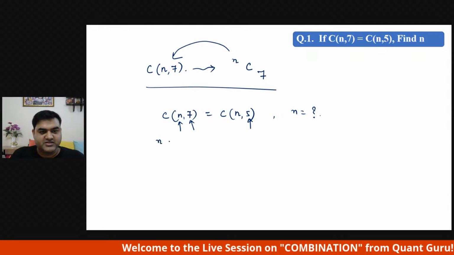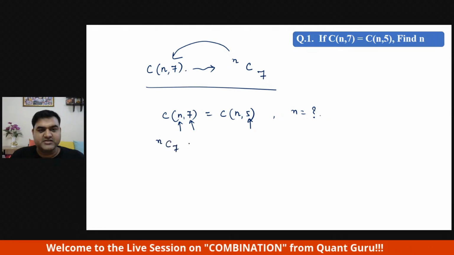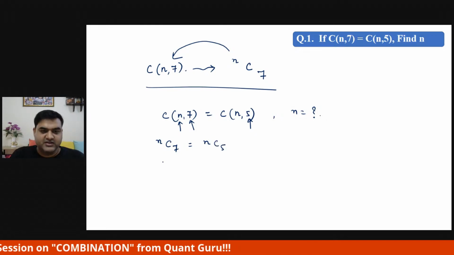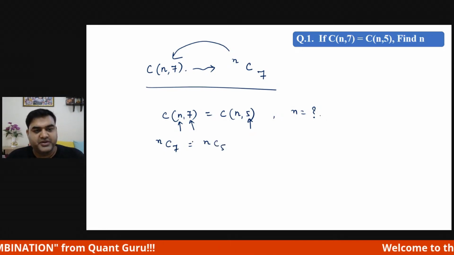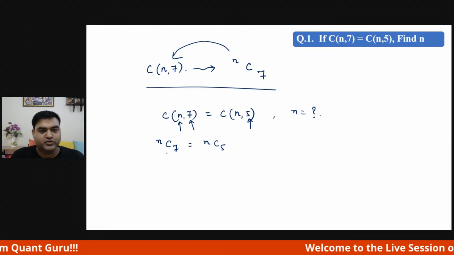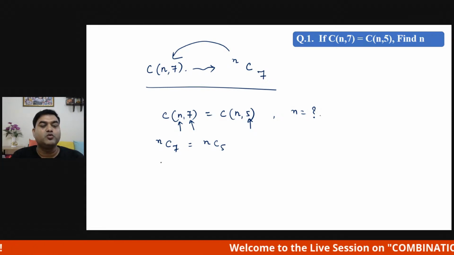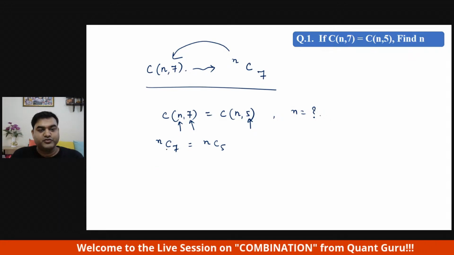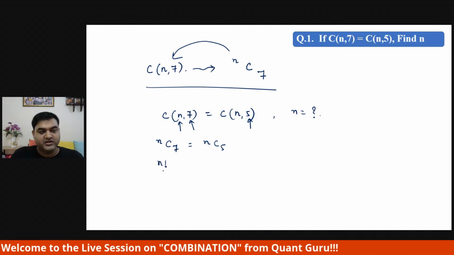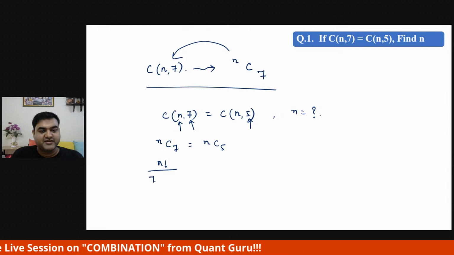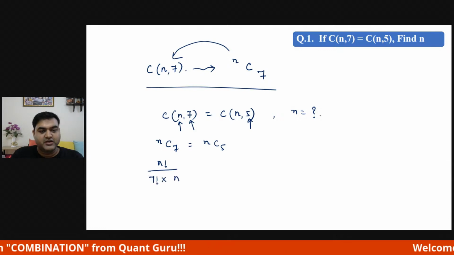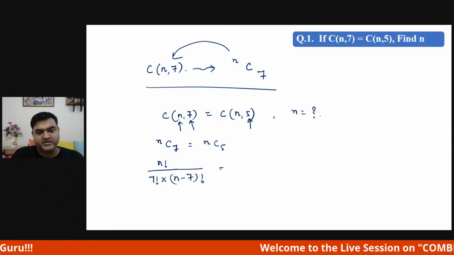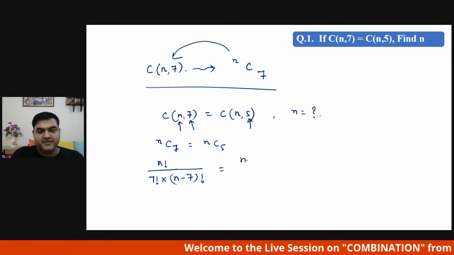That means nC7 is equal to nC5. Let's bring it down and try to solve this. nC7 will be equal to, using the formula, n factorial divided by 7 factorial into n minus 7 factorial, is equal to n factorial.